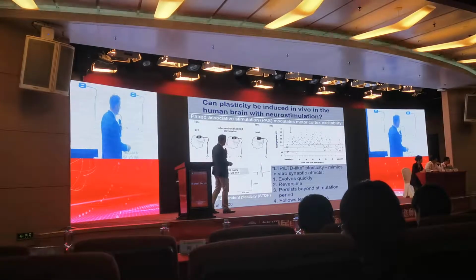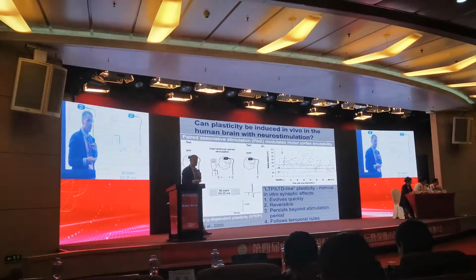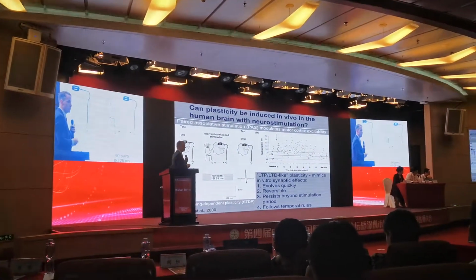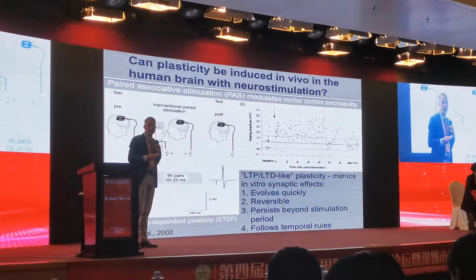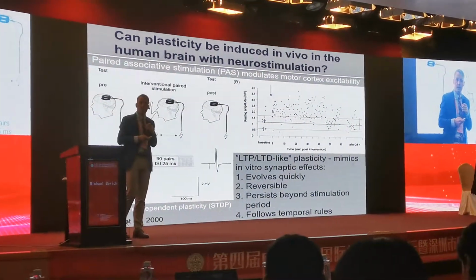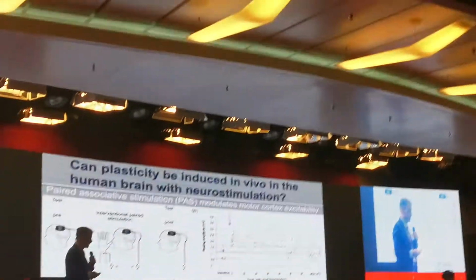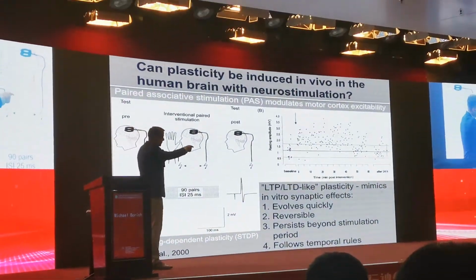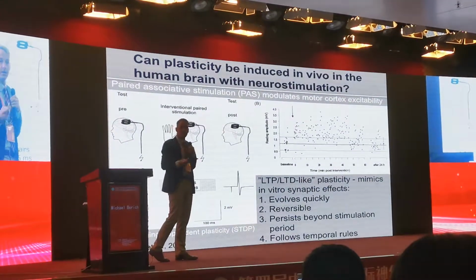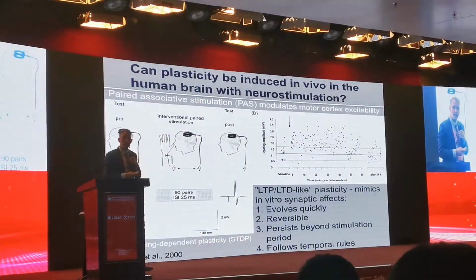What's important to note is that these effects mimic what we see in the synapse, that you have these long-term potentiation or long-term depression-like effects, where you have a situation where the change in activity evolves relatively quickly. PAS only takes about 10 minutes to induce an effect. That it's reversible. Again, at 24 hours, individuals go back to their previous level of excitability, and that it persists beyond the stimulation period.